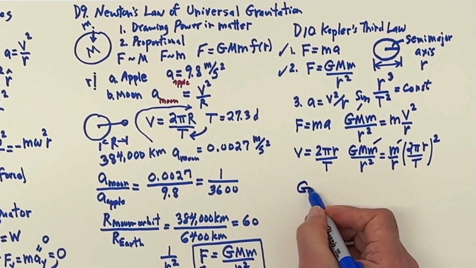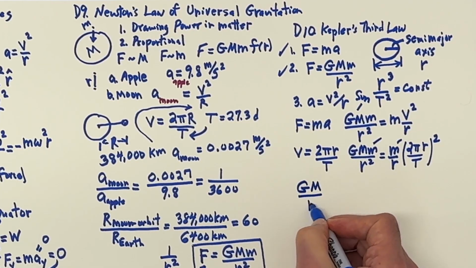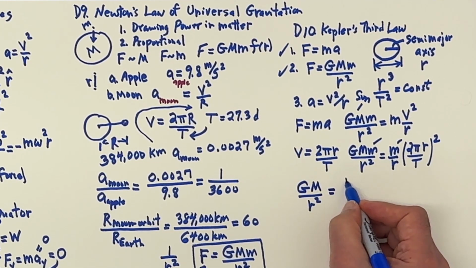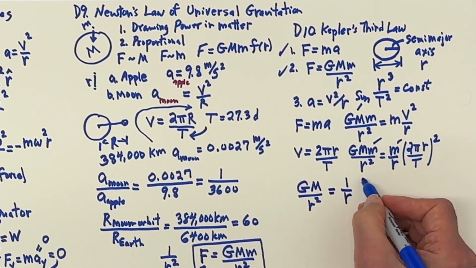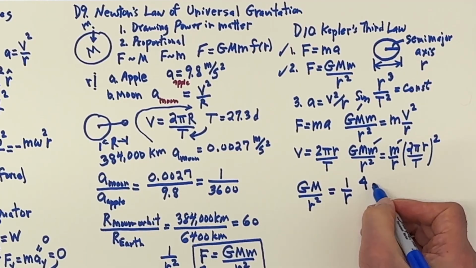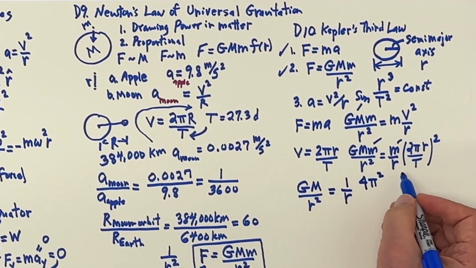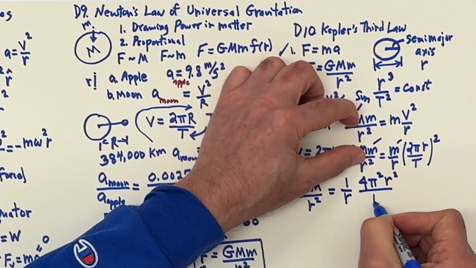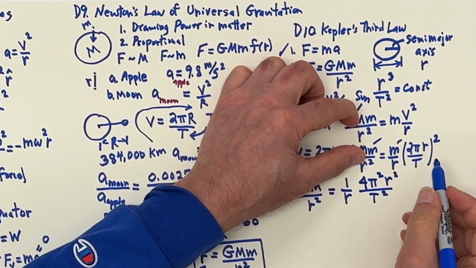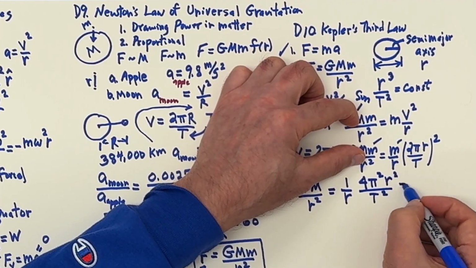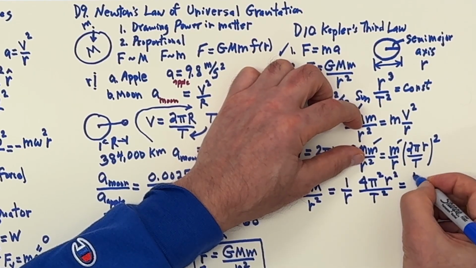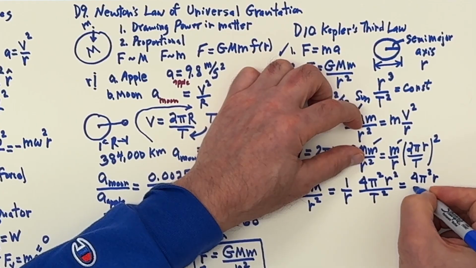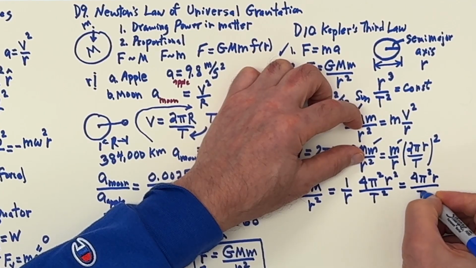So we'll have G big M over r squared equal to 1 over r times 4 pi squared r squared over T squared. And we can see that we're going to have a cancellation of one of the r's. So this will be 4 pi squared r over T squared.